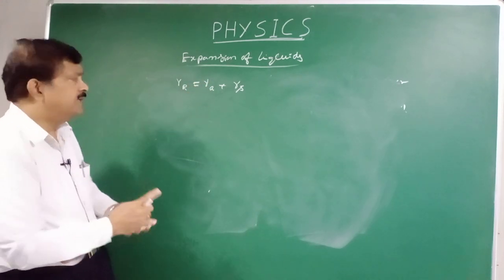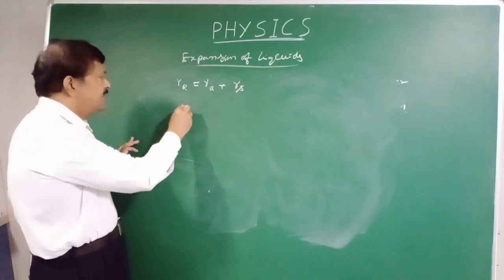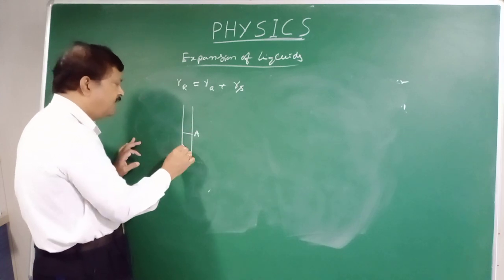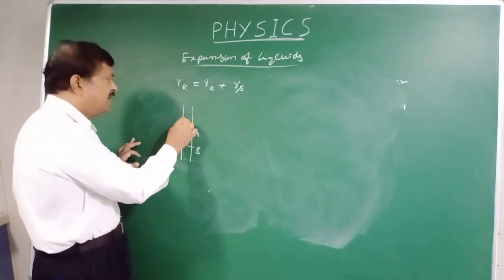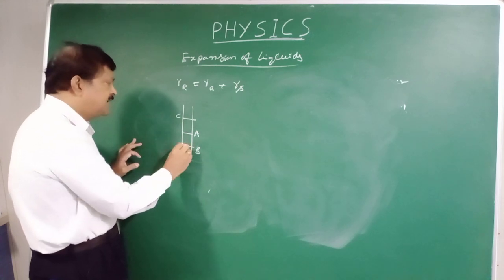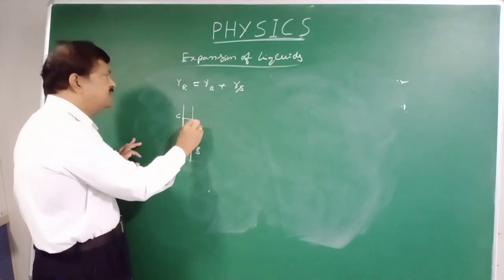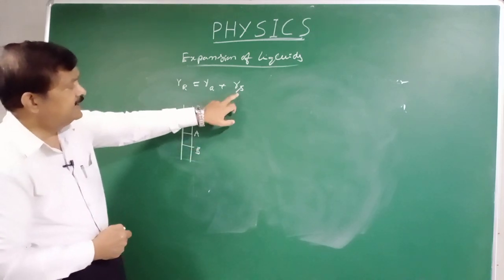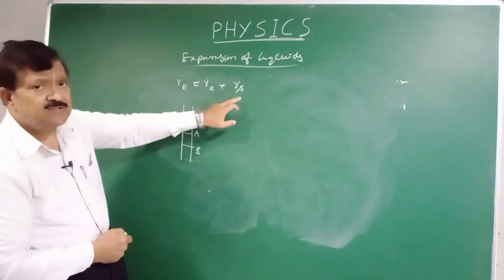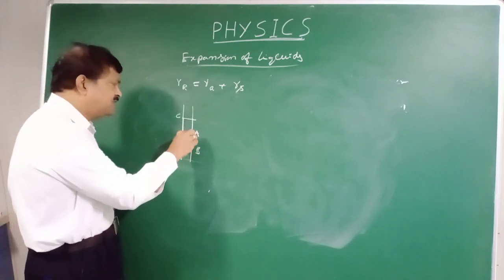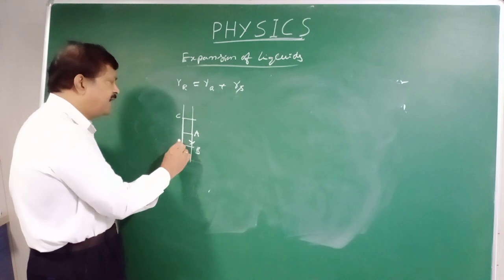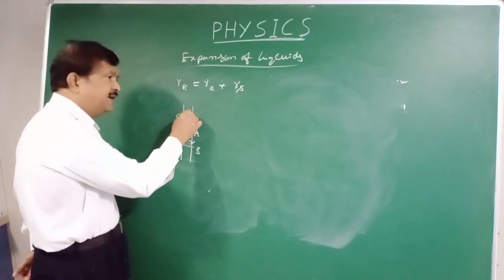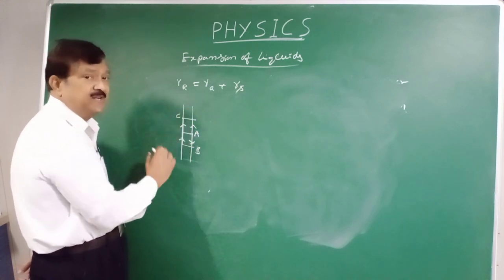Suppose in the example we have taken previously, the liquid level initially is at some A, the liquid level falls to B, and then it increases to C. So we said BC is the real expansion and AB is the apparent expansion. In a container like this, the container is also expanding. Because of that only the liquid level falls from A to B, and finally from B to C it expands. But it appears to be expanding only from A to C, which is the apparent expansion.